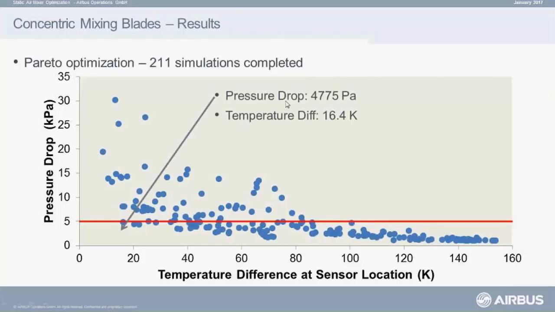So in this first set of simulations, we could reach the target of our 5 kilopascal pressure loss, but we still had a temperature difference of 16 Kelvin.